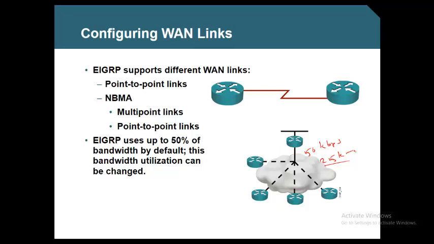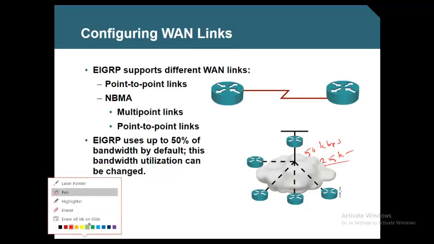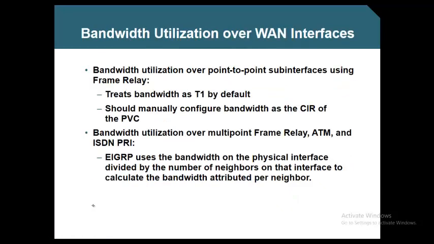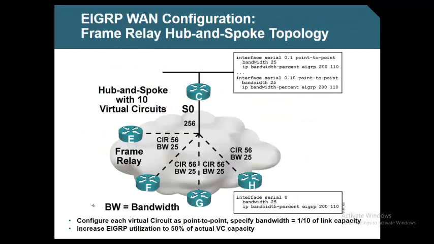The wire may have this capacity, but what if your allowed bandwidth is only 256? You have subscribed only for 256 kbps. Now, who is going to take the entire 256? EIGRP.